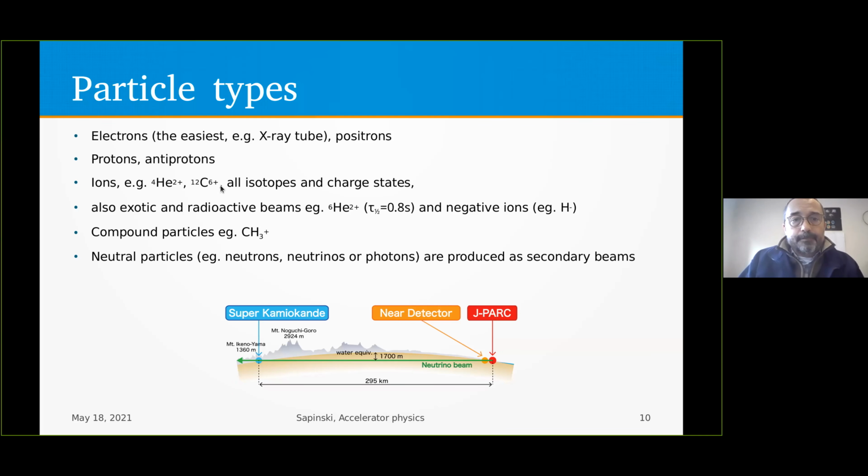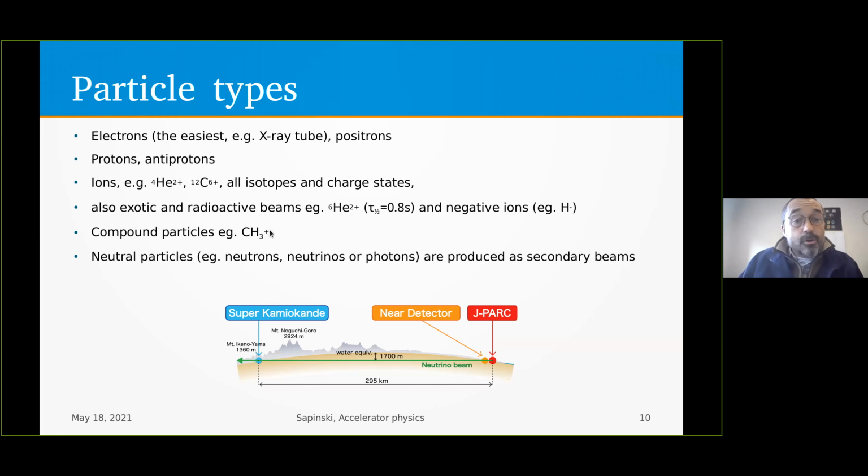There are also exotic and radioactive beams, like for instance beams of helium-6, which decays very fast, in a fraction of a second. There are beams of negative ions, which are very useful for high energy, high intensity machines. There are beams made of compound particles, for instance methane beams. CH3+ is used in some machines in initial stages to obtain very high intensity beams.